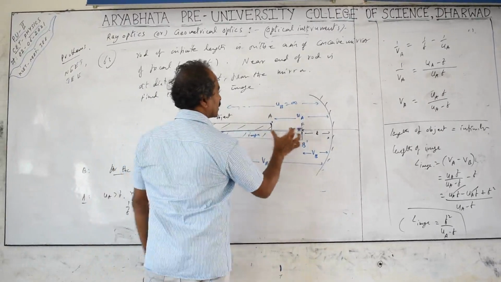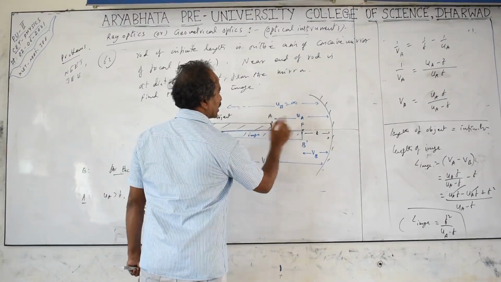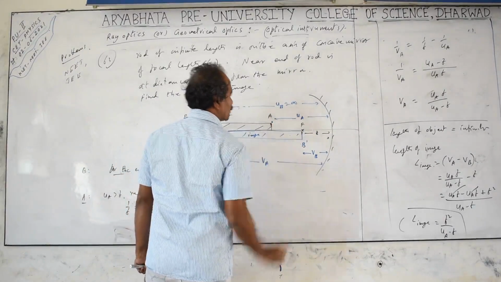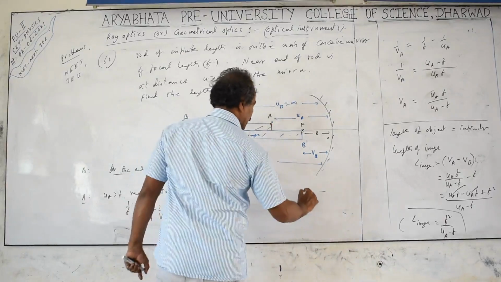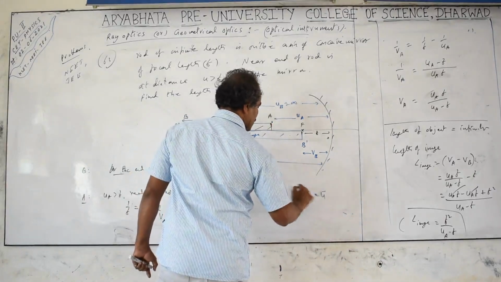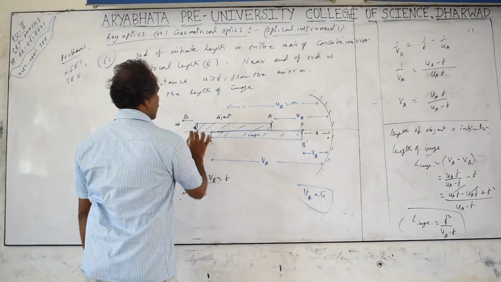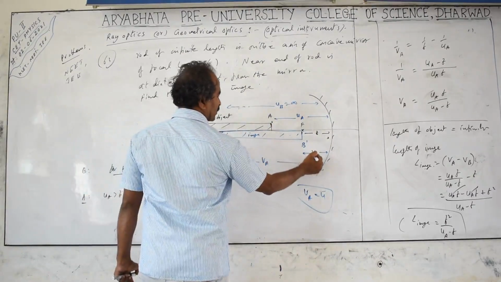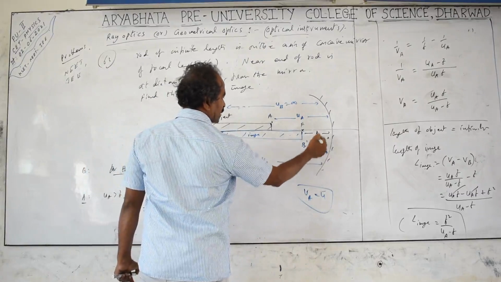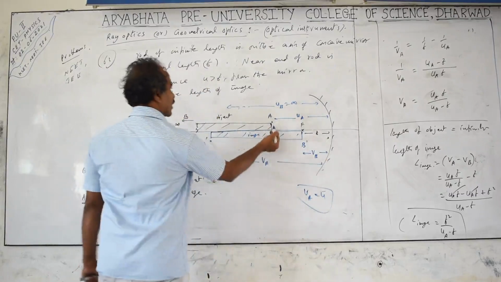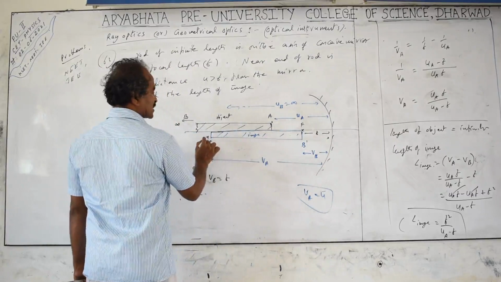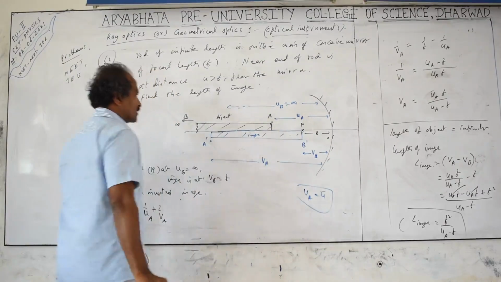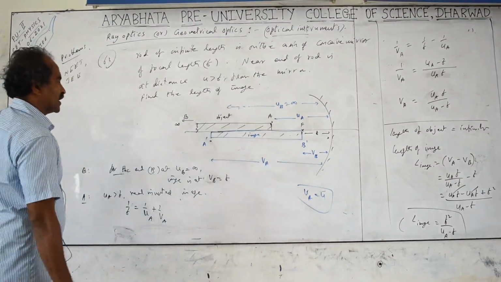So the distance of point A, the beginning point, is already given as u. I will take it as UA. UA is equal to u. The image distance of B at infinity is at focus. So VB, the image distance of B, becomes equal to f only. But point A forms the image at some finite distance VA, and inverted.